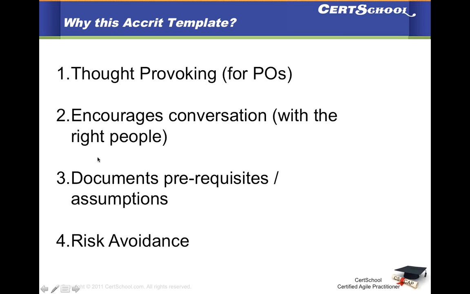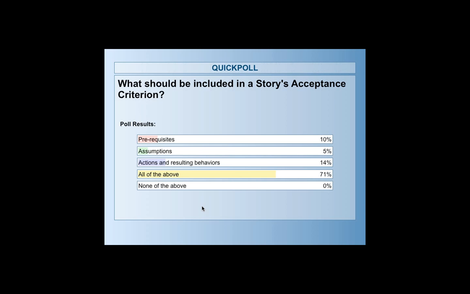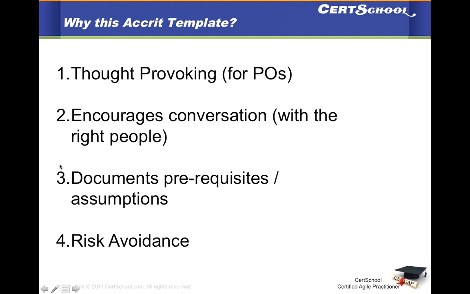Okay, very good. The correct answer, so the question is, what should be included in a story's acceptance criteria? And the answer is actually all of the above: prerequisites, assumptions, actions, and resulting behavior.